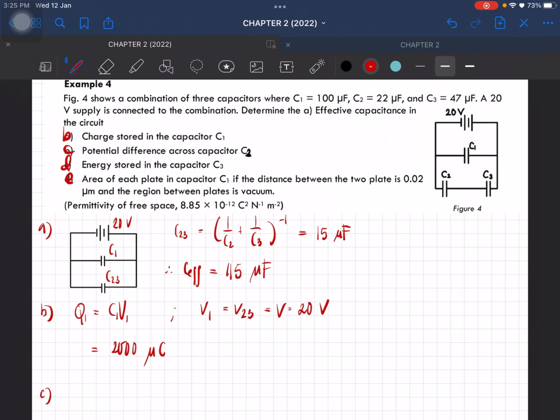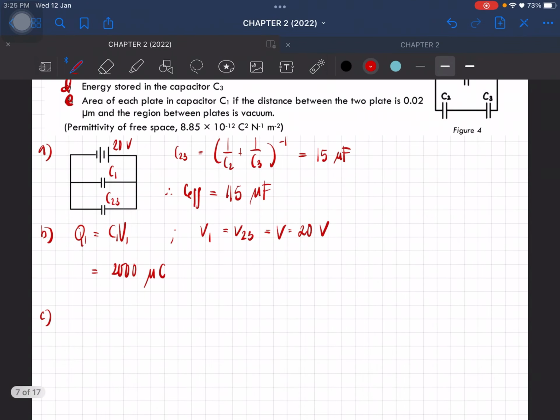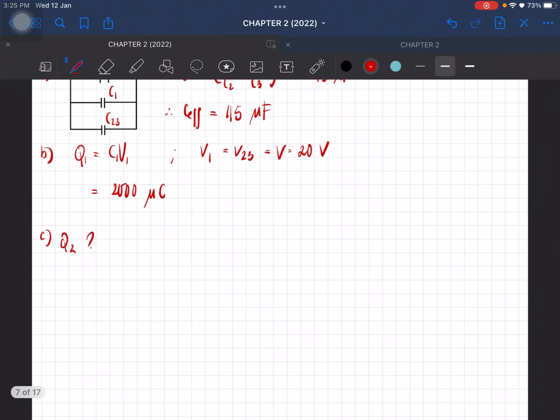In order for us to calculate that, we have to firstly have the value of charge for Q2, right? So we will firstly calculate the total charge by using the effective capacitance value. So this gives us 2300 microcoulomb as the total charge stored in the circuit.